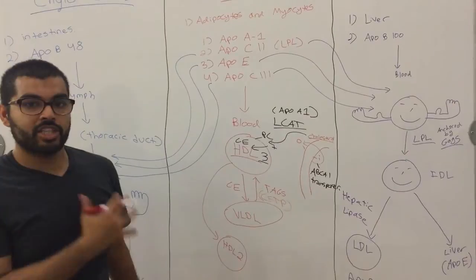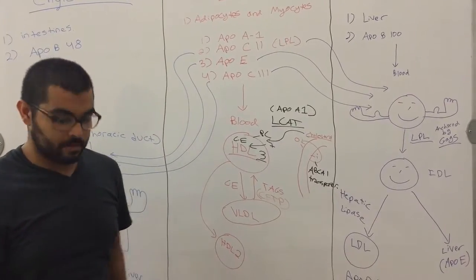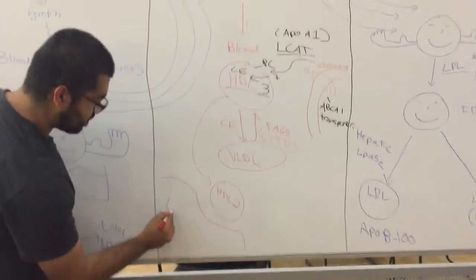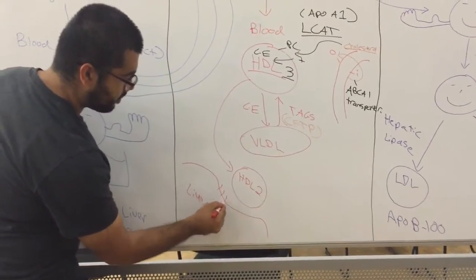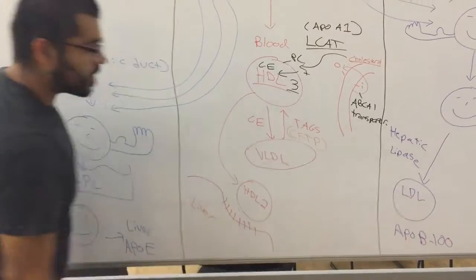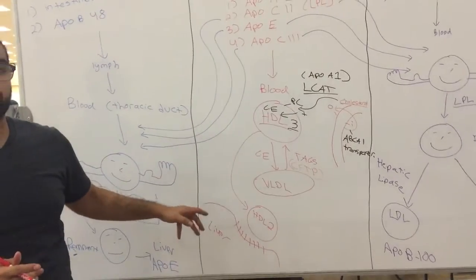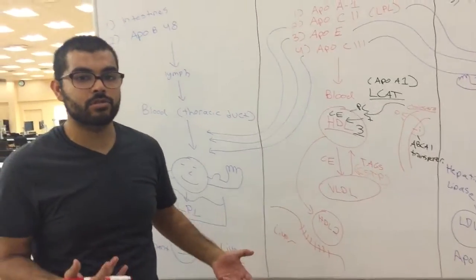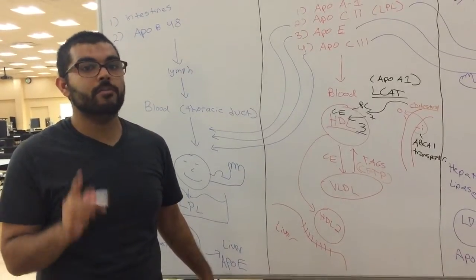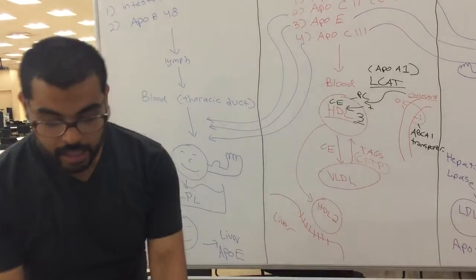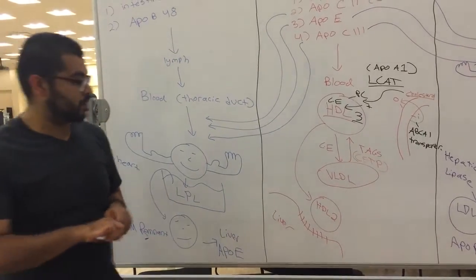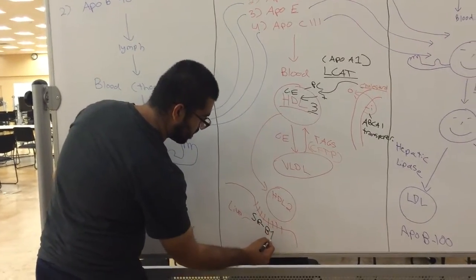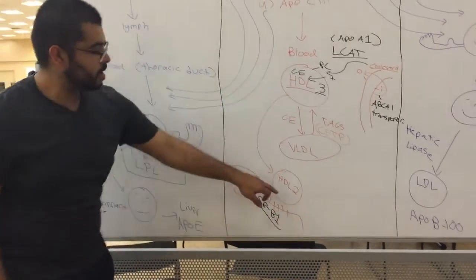Now, as we remember, HDL2 is taken up by the liver. So, if this is the liver, we have the receptors here. Which receptors have which domains on them that recognize HDL2? Those are your SRB1. Keep that in mind. SRB1. Okay? It's going to go in.